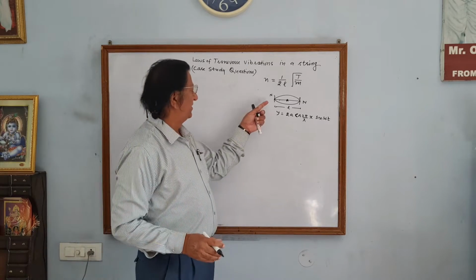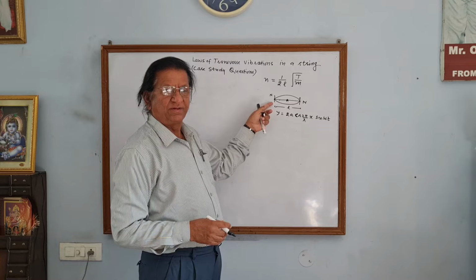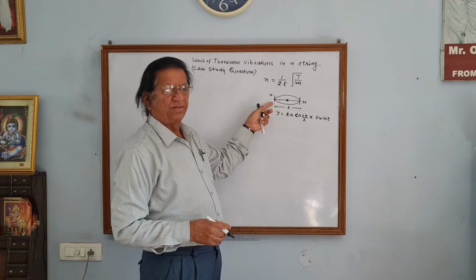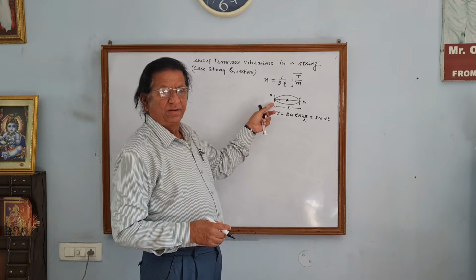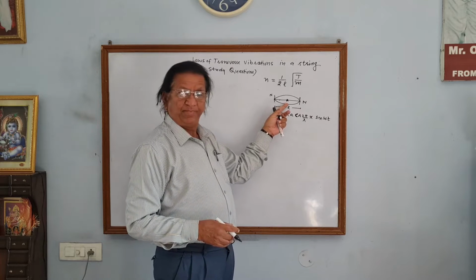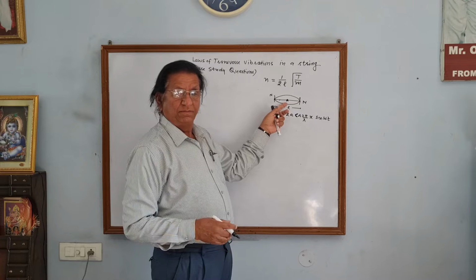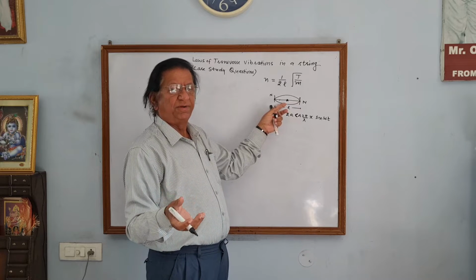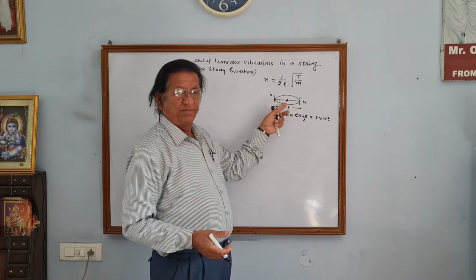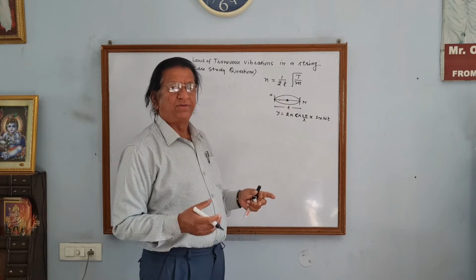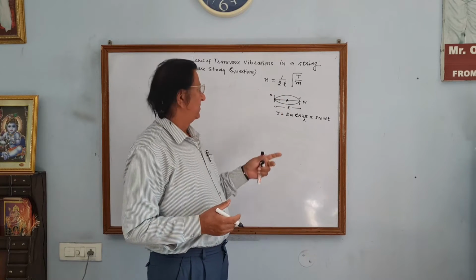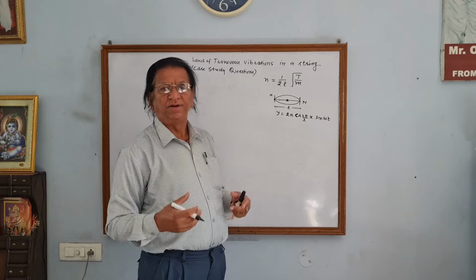So node is a point where displacement is zero, pressure is maximum and the particle of the medium is not free to oscillate. Antinode is a section of the medium where pressure is minimum, displacement or amplitude is maximum and particles are free to oscillate.